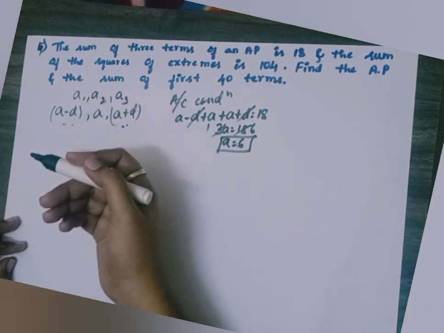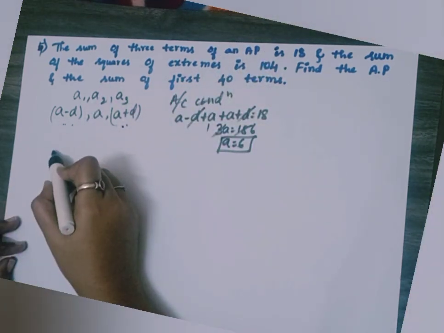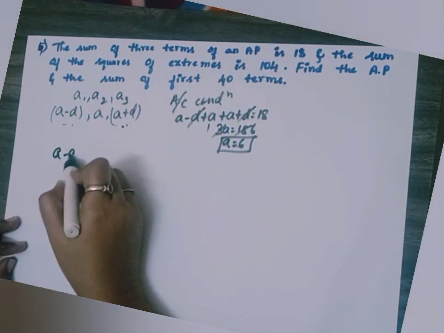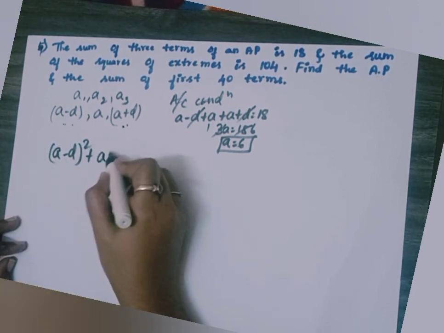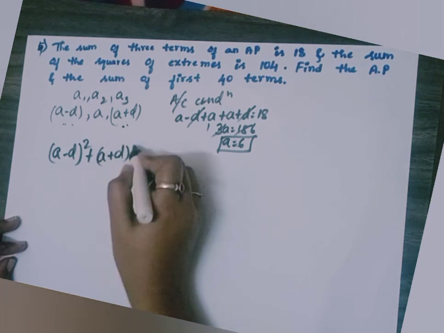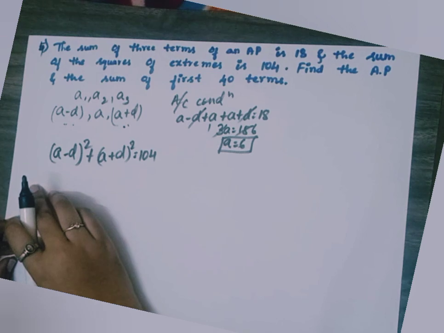So the sum of the squares of that is 104. So therefore what are the extremes we have? a minus d is a1, that one squared, plus a plus d whole squared is equal to how much? 104. It is in the form of a minus b whole square.